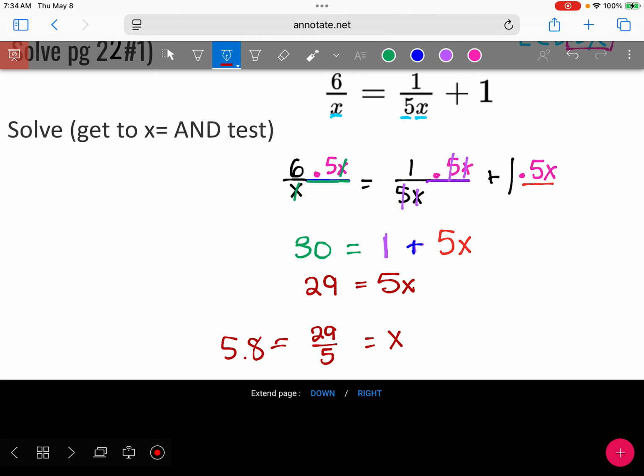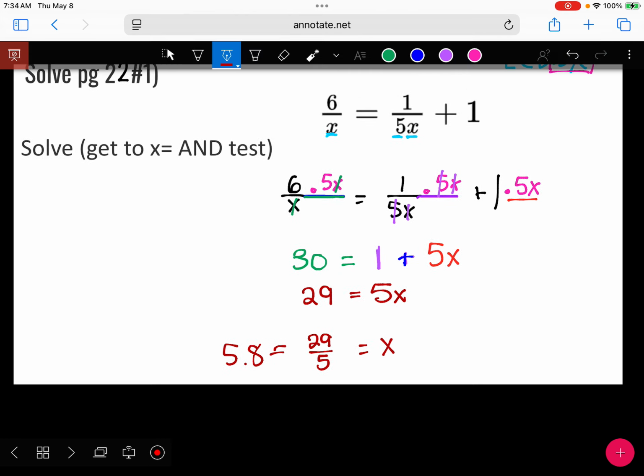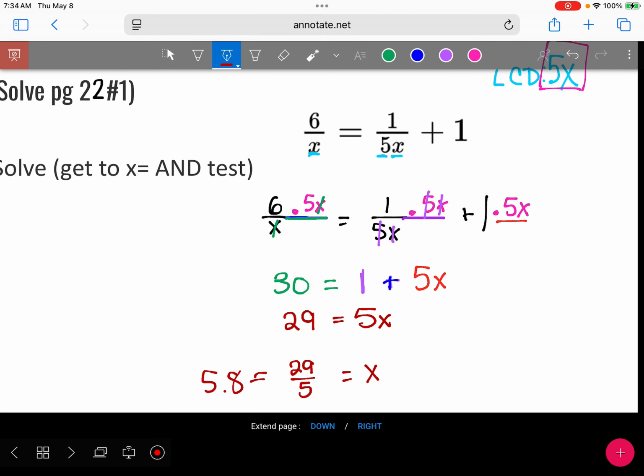So what we need to do is check that real quick. If we were to substitute in 5.8 here, is my denominator 0? No. If I substitute in 5.8 here, will my denominator be 0? No. Then it works. It checks.